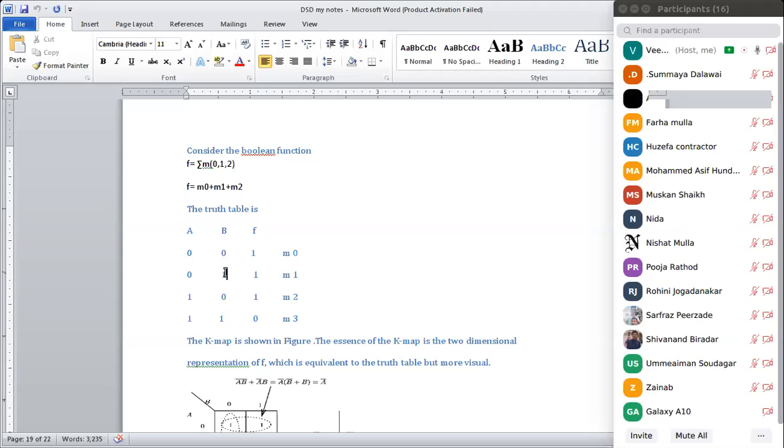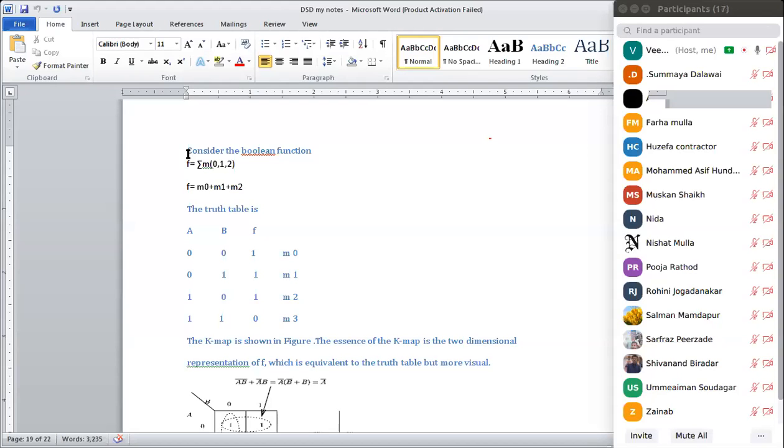The product of sums follows the same procedure, but it is the opposite of SOP. POS is the opposite of SOP. So here we have taken all the examples of minterms, that is, SOP form only.